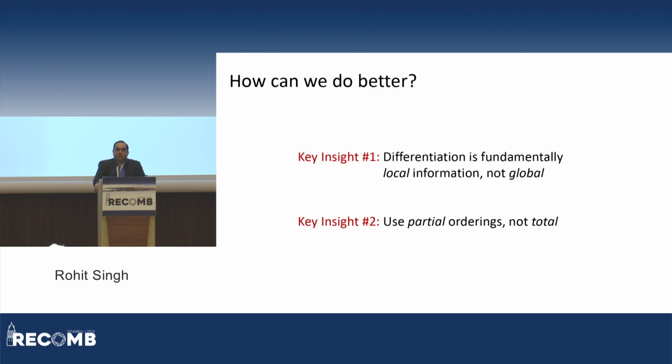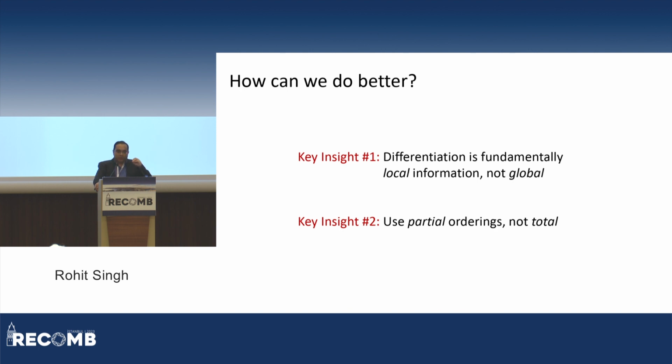So here's our fundamental insight. What we are saying is we shouldn't think about differentiation as a global phenomenon. We shouldn't be trying to place one cell against all other cells in the data set. The dynamics models essentially are giving you information about one cell against some cells in its neighborhood.